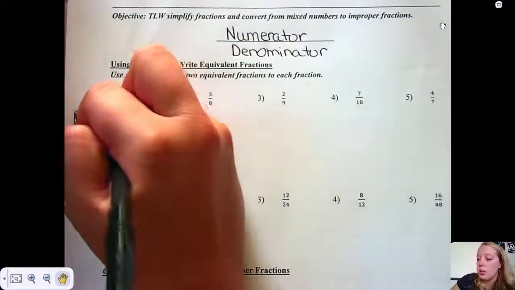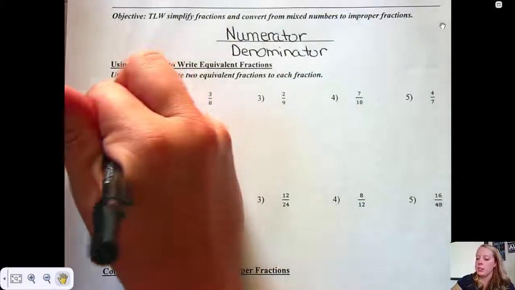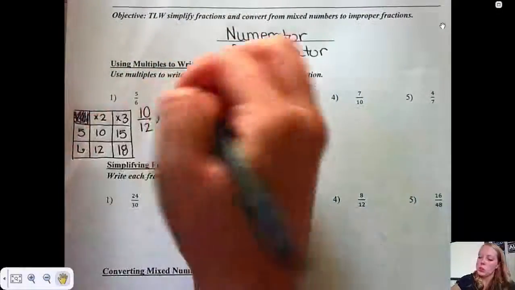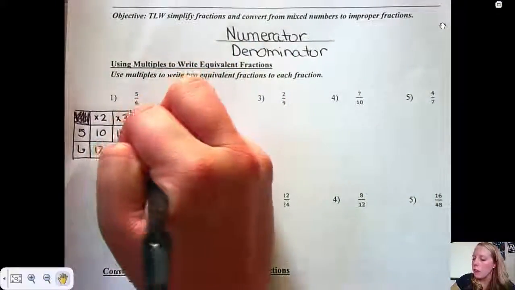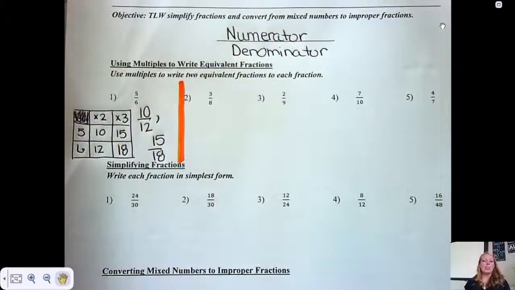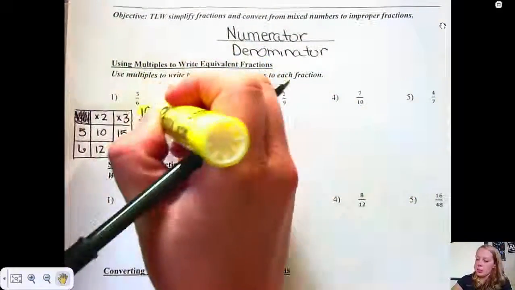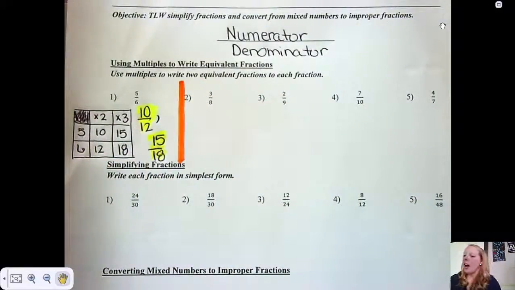Now let's take them both times 3. 5 times 3 is 15. And 6 times 3 would be 18. So 15 over 18 is also a fraction that is equivalent to 5 over 6. So these are like its siblings, or like its alter ego, or whatever you want to call it.